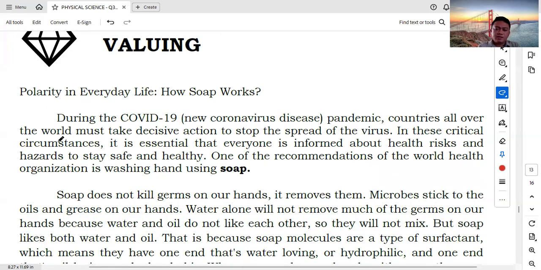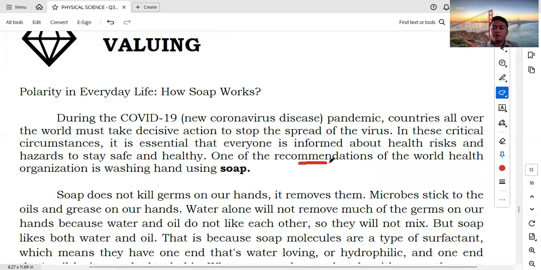During the COVID-19 or new coronavirus disease pandemic, countries all over the world must take decisive action to stop the spread of the virus. In these critical circumstances, it is essential that everyone is informed about health risks and hazards to stay safe and healthy.